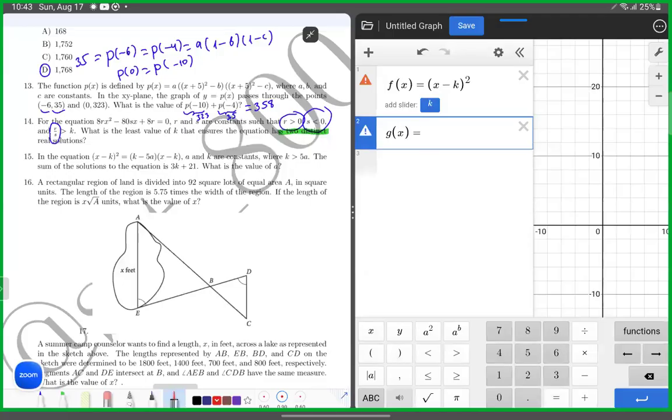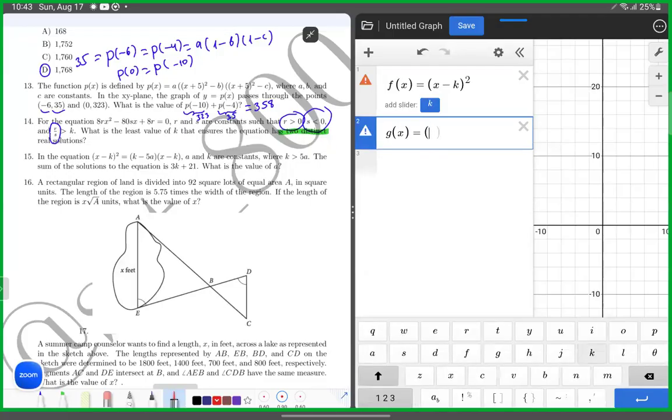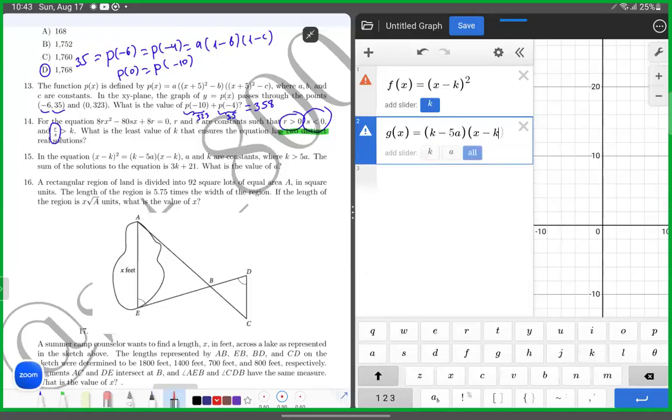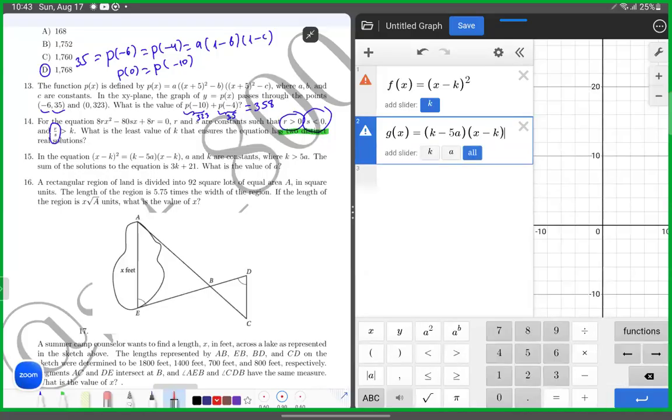G of x equals, now the other one, k minus 5a times x minus k. I am just equalizing the two sides. After this, I know that those two are equal, and not only at one point, because it is a quadratic equation. There should be two intersection points, two solutions, and those solutions should be different.